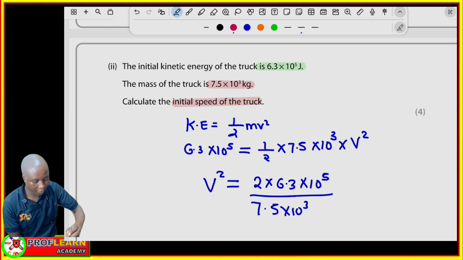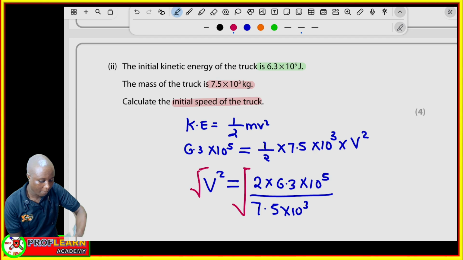To work out the speed, I need to find the square root of both sides.